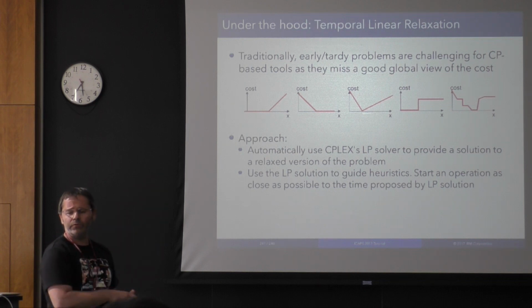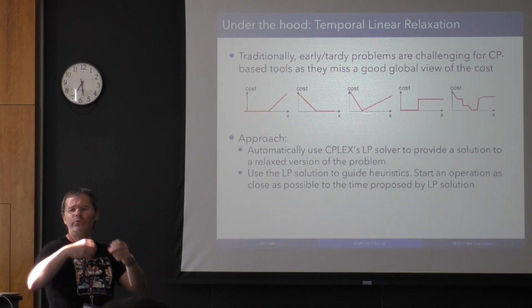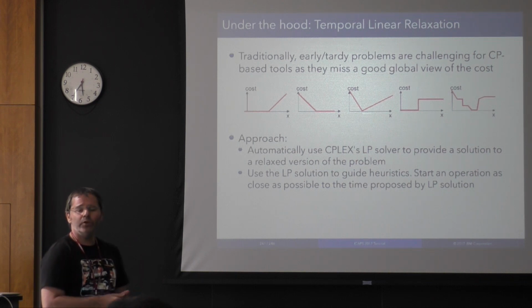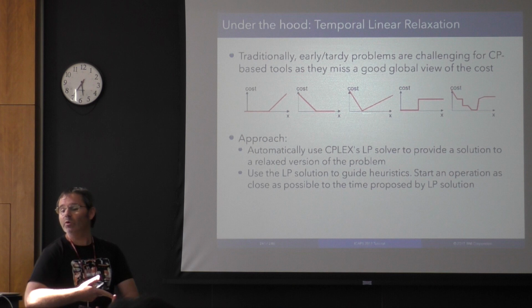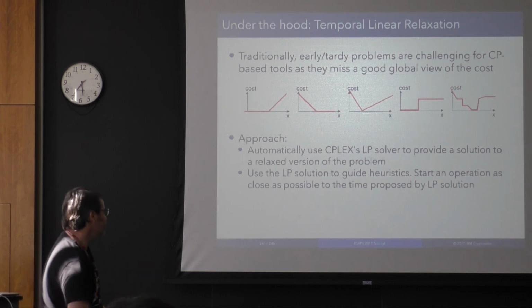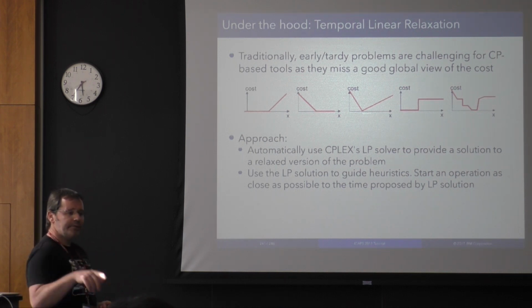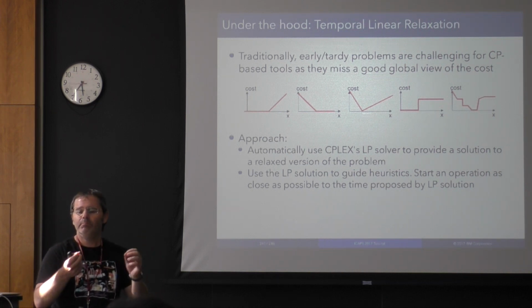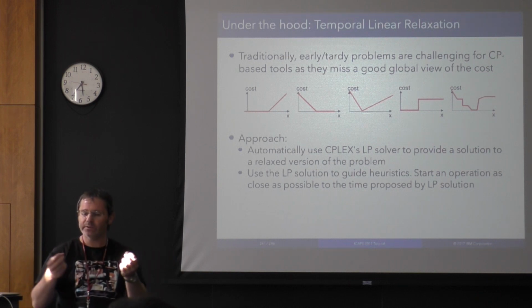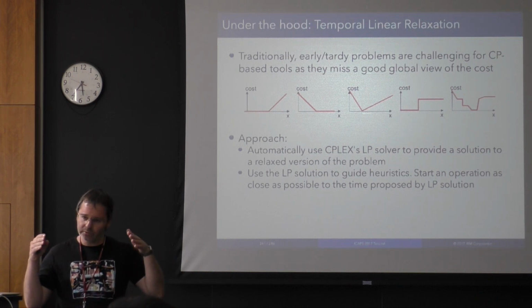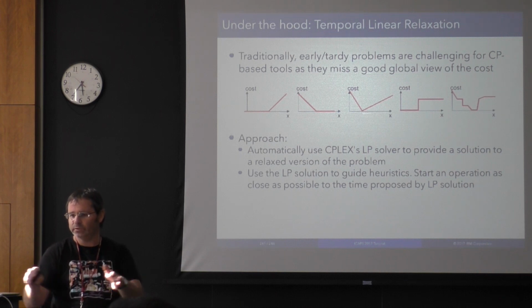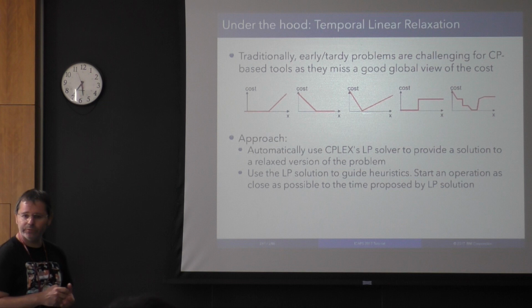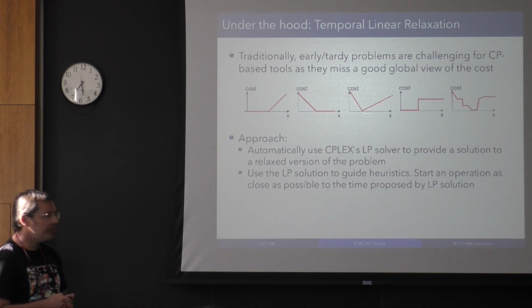We solve a relaxation of the problem at each move of a large neighborhood search, and we use the result of this relaxation first. At the root node it can provide some interesting lower bound, sometimes yes, sometimes not, but mostly we use it to guide the search because it produces a good placement for the activities, and then the search tries to place the activities close to these values. This is one of the very useful ingredients in this search.